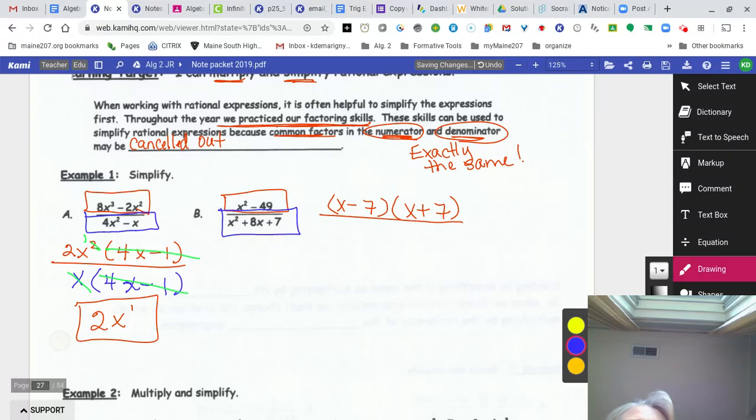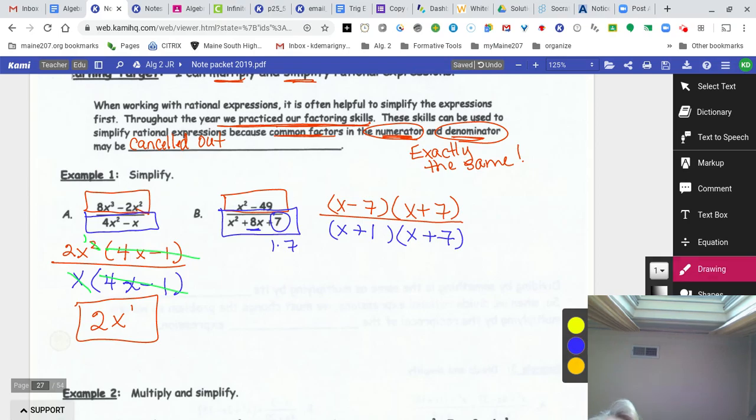No GCF, no special case, so I'm going to look to see if I have a factoring pattern. I have a plus and a plus, so my factors will have a plus sign. x times x is x squared, and I need a product of 7 that adds up to 8. 1 times 7 is my only choice. Does 7 plus 1 add up to 8? The answer is yes. So there we go.